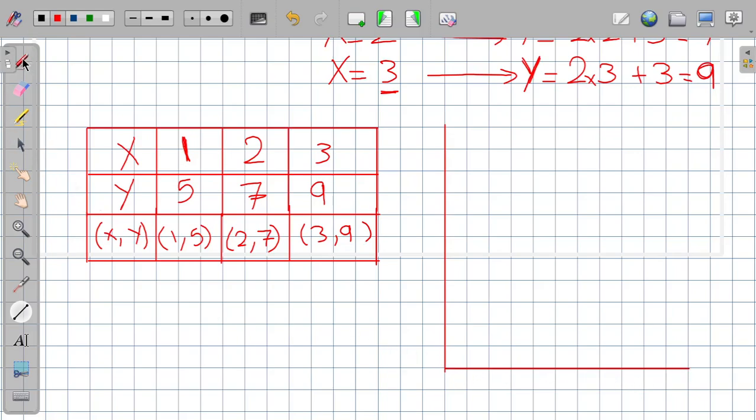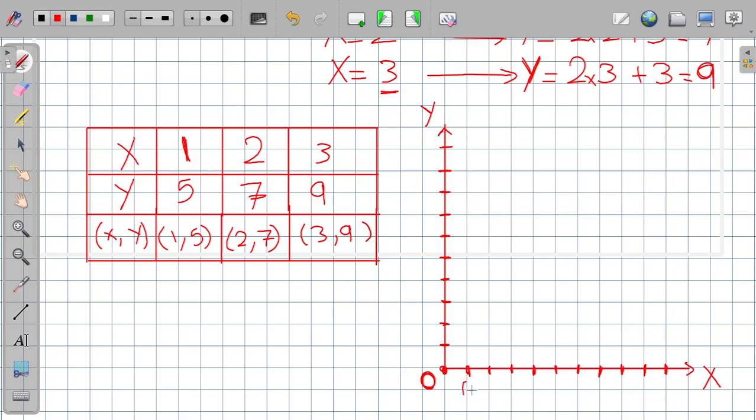So let's try 1, 2, 3, 4, 5, 6, 7, 8, 9, and 10. And here I have 1, 2, 3, 4, 5, 6, 7, 8, 9, and 10. And I will stop here. So here is the origin point, 0 and 0. And this is the x-axis, and here I have y-axis.